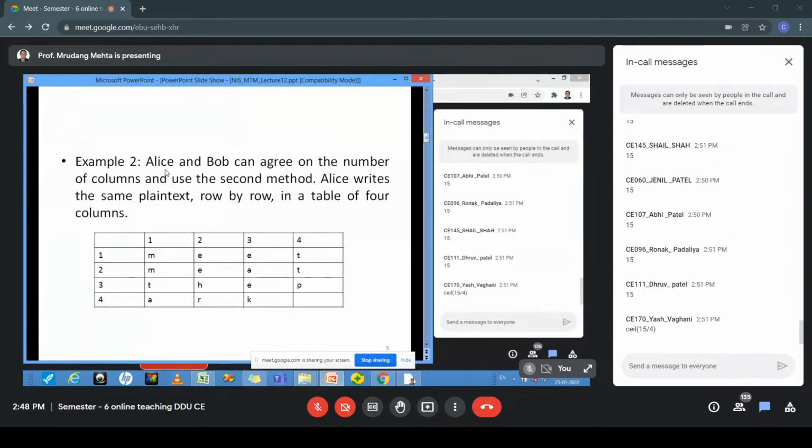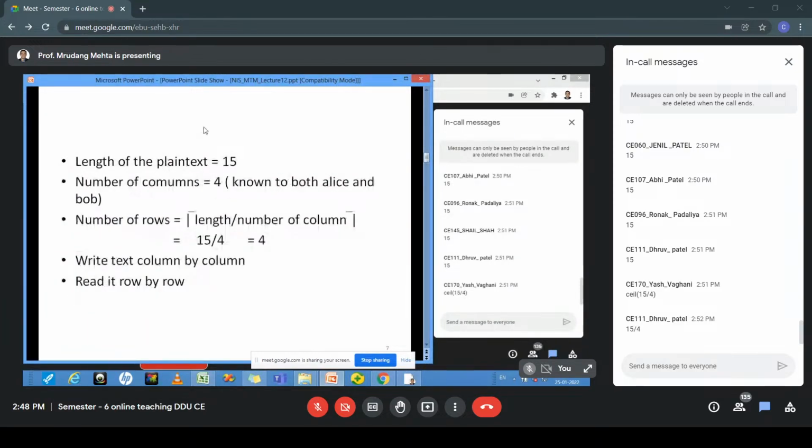Those who are present, you may understand it like this. The length of the plain text is 15 and the number of columns is 4. It is known to both Alice and Bob. So the number of rows equals the upper bound or ceiling, as Yash has mentioned. So the ceiling of 15 divided by 4 is 4.